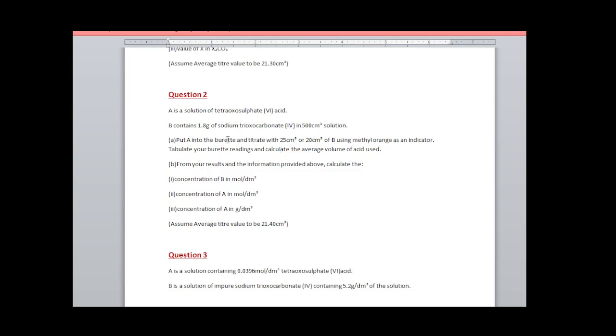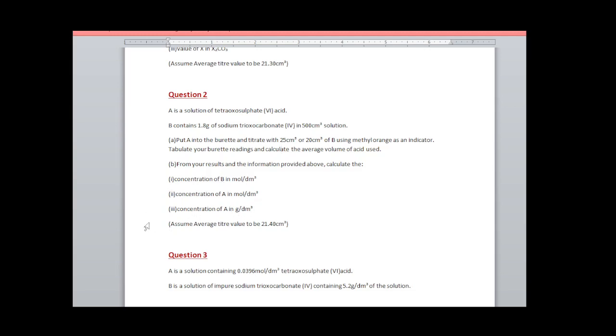Put A into a burette and titrate with 25 centimeter cube of B using methyl orange as an indicator. Then tabulate your reading. The questions: 1. Calculate the concentration of B in moles per dm cube. 2. The concentration of A in moles per dm cube. 3. Concentration of A in grams per dm cube.